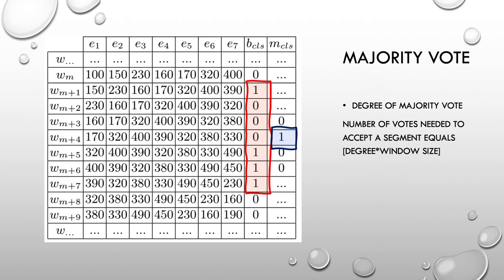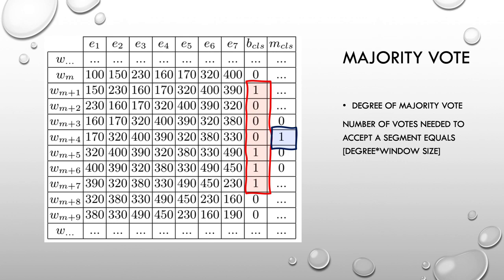The BCLS in this table is the result of predictions of the binary classifier, and the MCLS is the majority vote for that point. We use a parameter called degree of majority vote that indicates how many positive votes are required to accept a potential partitioning position as an actual partitioning position.